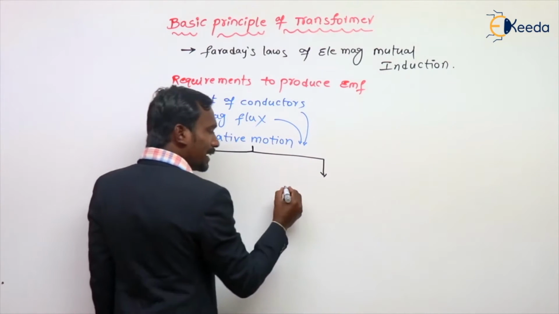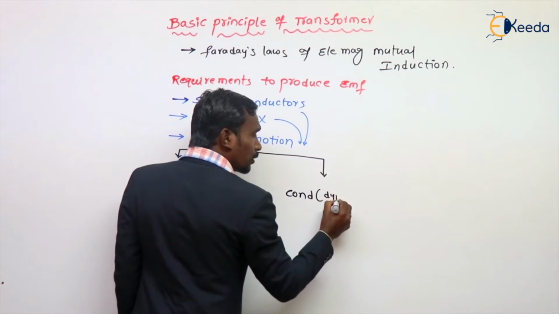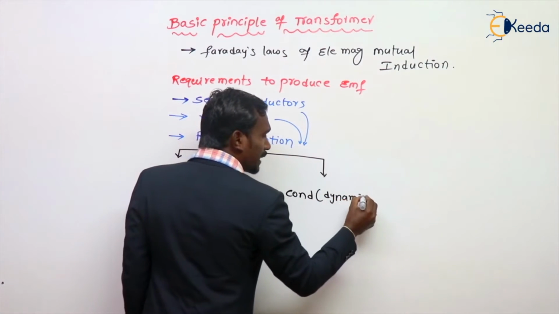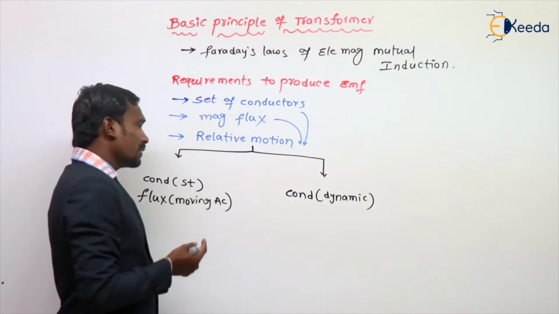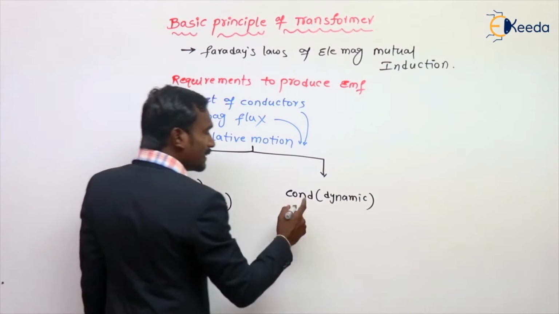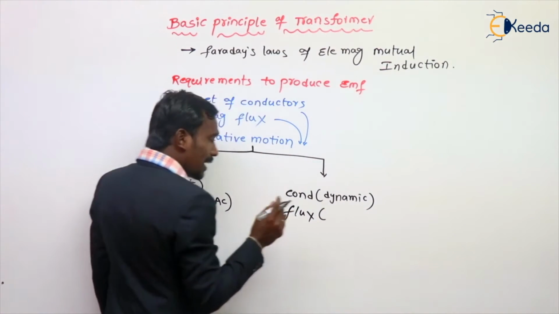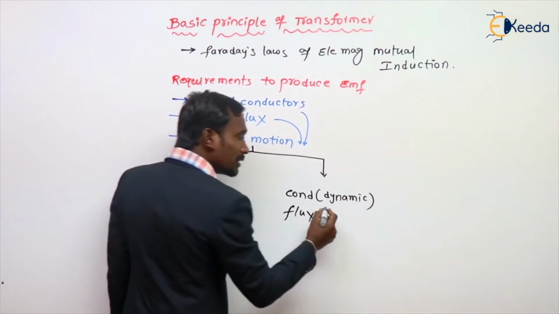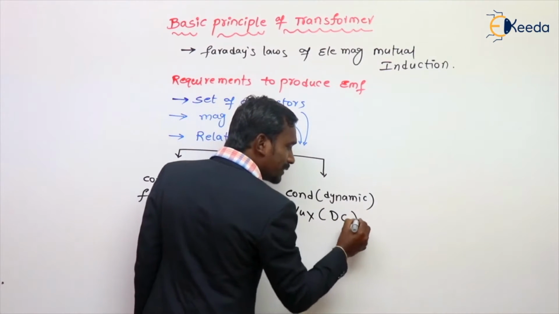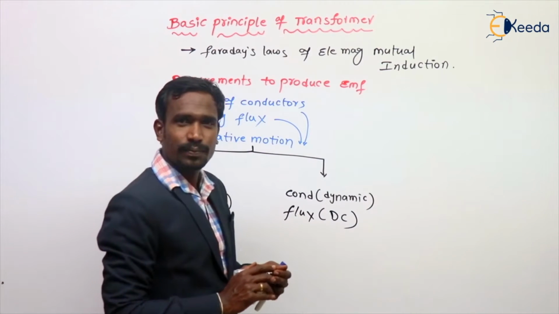In the next case, the conductors are rotating, nothing but a dynamic state. If the conductors are rotating, then the magnetic flux is not moving, nothing but DC flux, stationary flux.